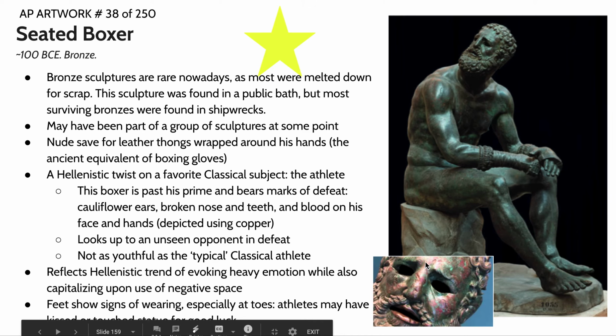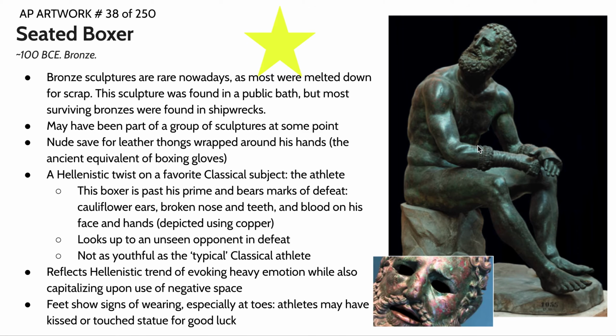His nose is broken. When you look at the sides, he has cauliflower ears, which is basically what happens to ear cartilage when you've been in too many boxing matches and sustained blunt force trauma to your ears. He's not having a great time. He also has blood and cuts on his knuckles, and his hands are wrapped in these leather thongs, which are basically the ancient equivalent of boxing gloves.